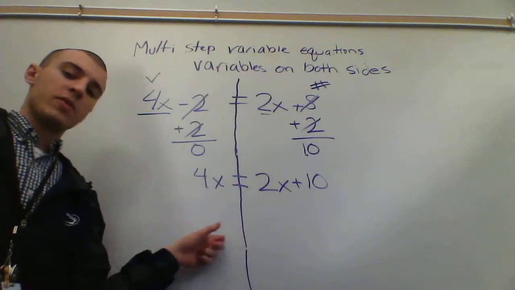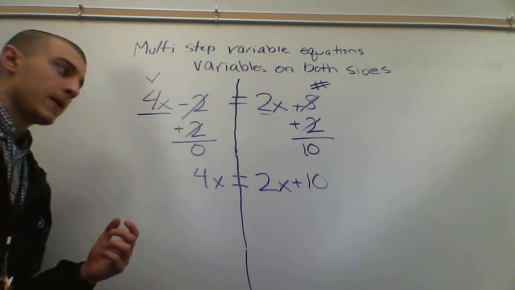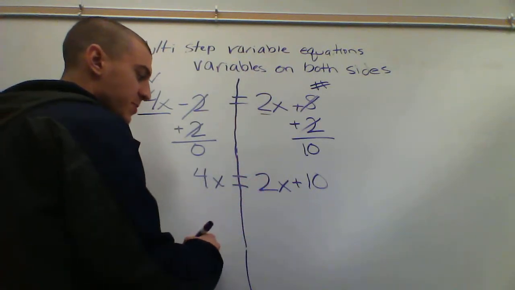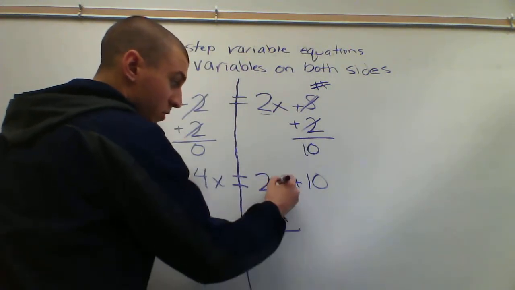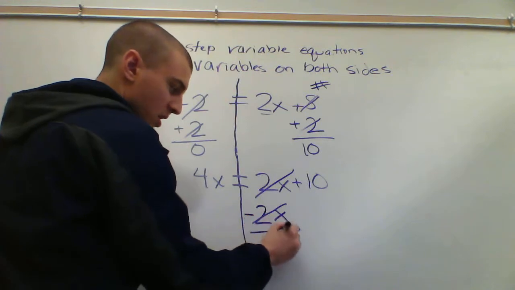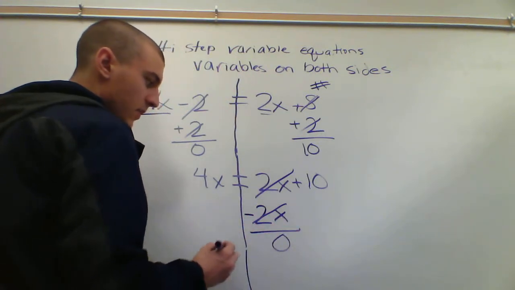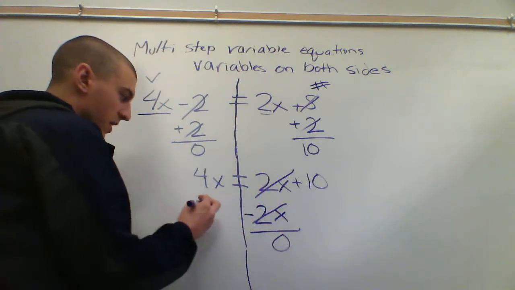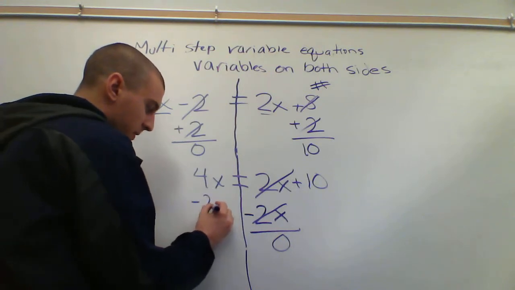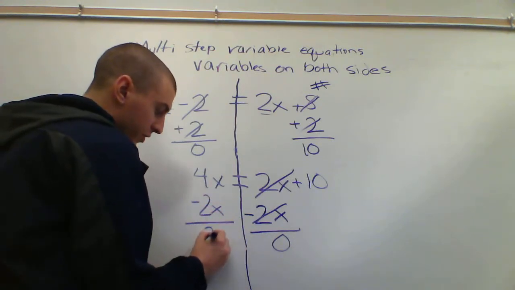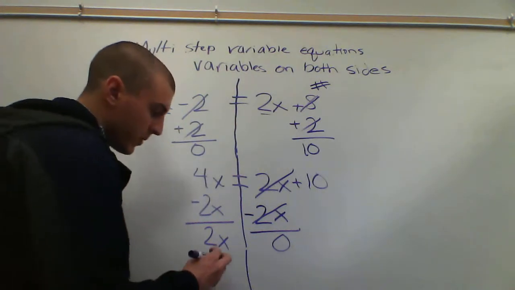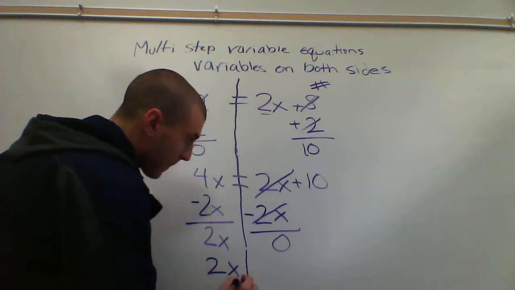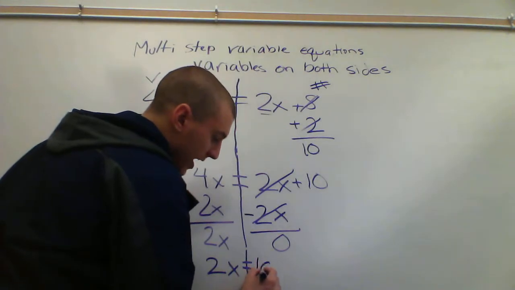We got to get this variable over here, and we're going to use the same trick. 2x over here is a positive, so we're going to say minus 2x. 2x minus 2x is 0. Whatever we do on one side, we also have to do on the other. 4x minus 2x equals 2x. And now let's bring down what we have left. We still have our 2x, and we still have our 10.